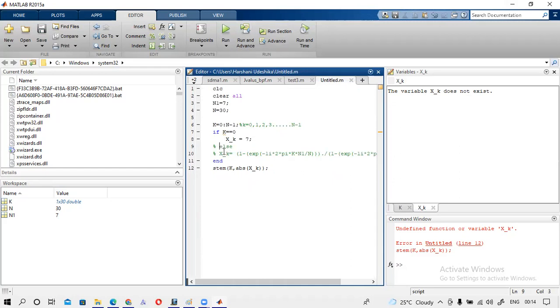So I think if I put the for loop here, no issue. Because sometimes it cannot identify the location index. So let me put the for loop here.